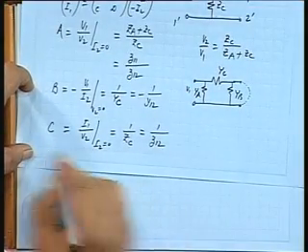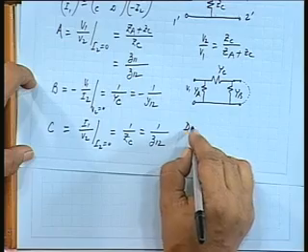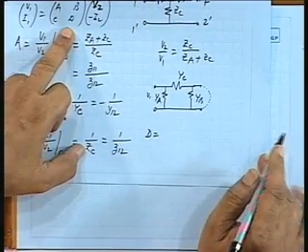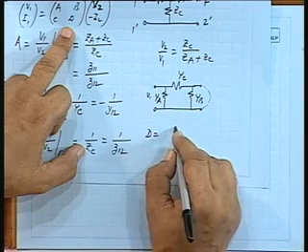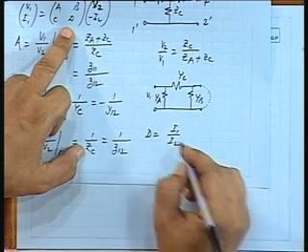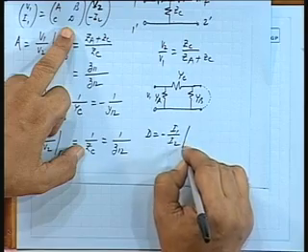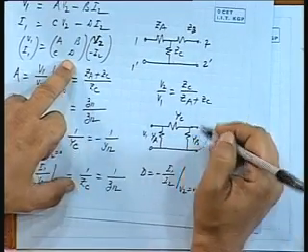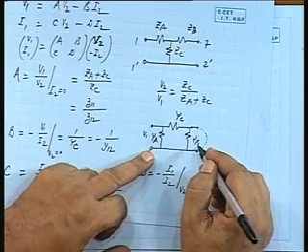Could someone tell me what will be D? D is again I1 by minus I2 when V2 is 0. So, I will refer to the short circuit parameters.